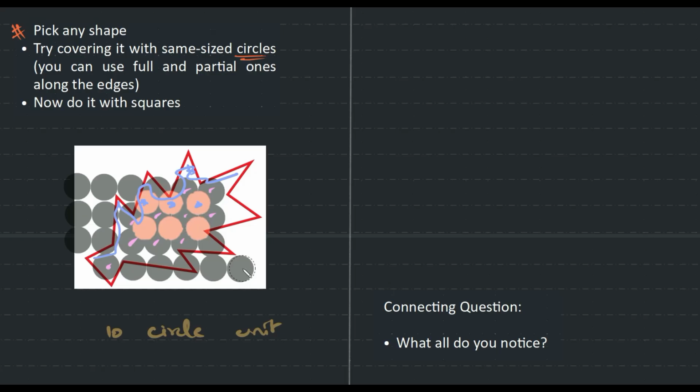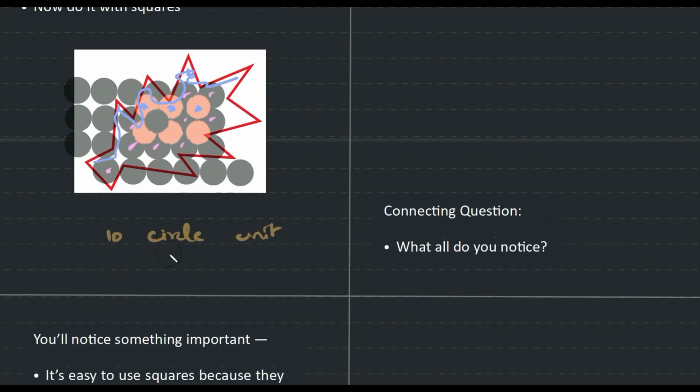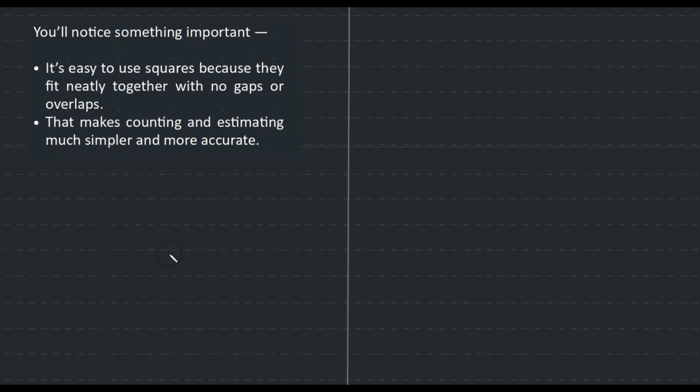But what is happening over here? We are recounting the space. The black circle originally had occupied that space, but the red ones are reoccupying that space, so there's overlap. We won't get the exact answer. We are recounting in some way.